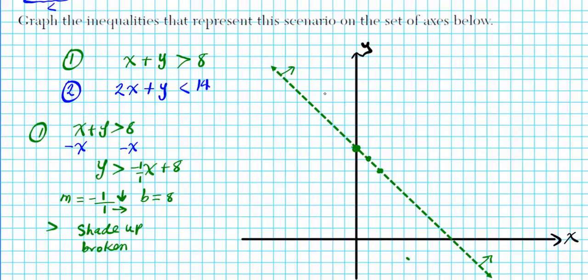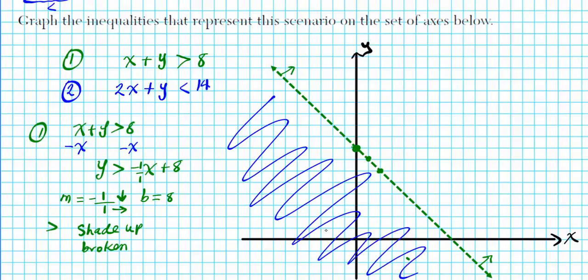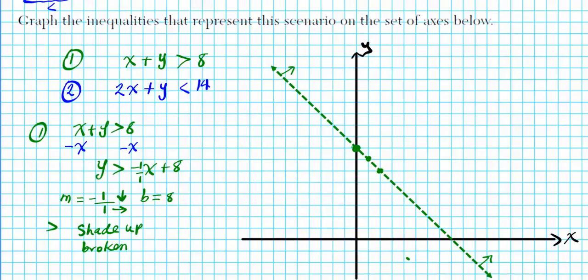So don't shade there, just put the arrows. What this basically means is this entire region below the line should be ignored. The solution region is the set of points above this line, just for this one. And then the other one will have its own condition, and then we just unite both of them together to find the solution region for the system of linear inequalities.